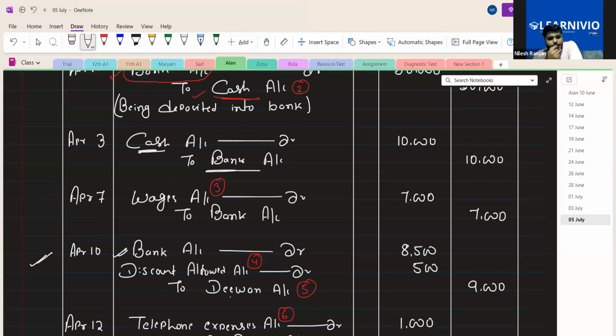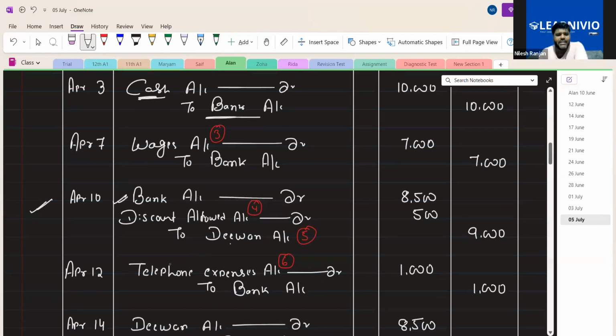I don't understand. The opposite account name you are not getting? Like in any entry, if you pick telephone expenses account debit to bank account, then in the telephone expenses account you'll write "to bank", and in the bank account you'll write telephone expenses.